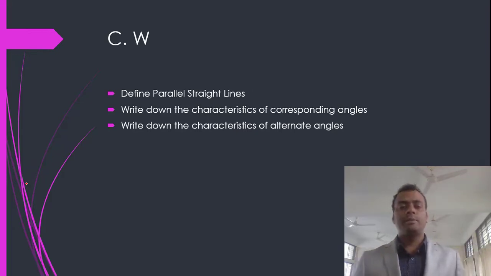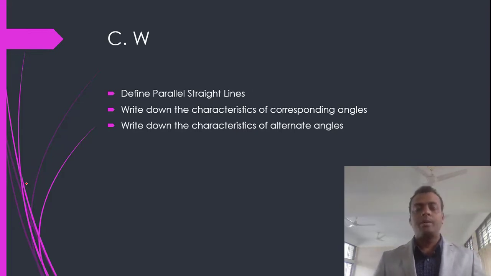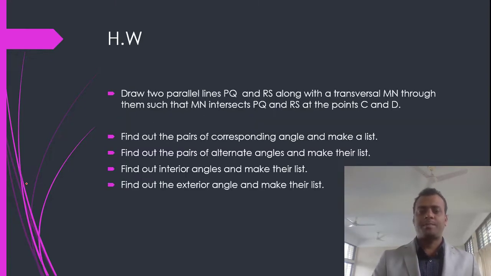Now, you have some CW to complete. First one is define parallel straight lines. Second one is write down the characteristics of corresponding angles. Third one is write down the characteristics of alternate angles. And you have some HW to complete.